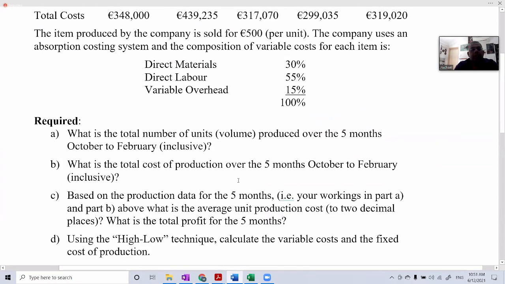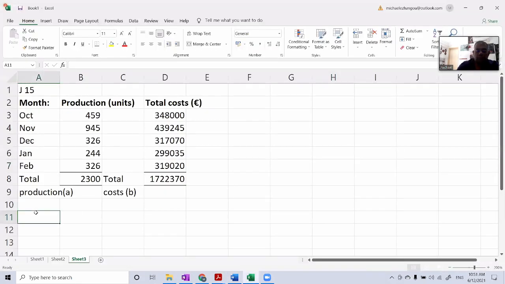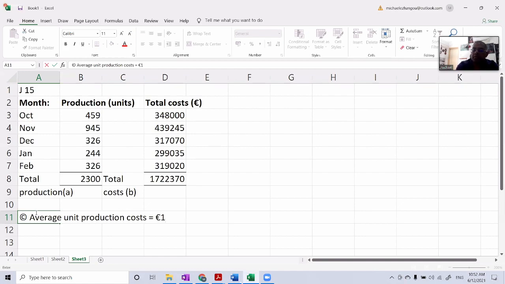Now, based on production data for the 5 months, your workings in part A and part B above, what is the average unit production cost to 2 decimal places? The average unit production cost will be 1,722,370 divided by 2,300 units.